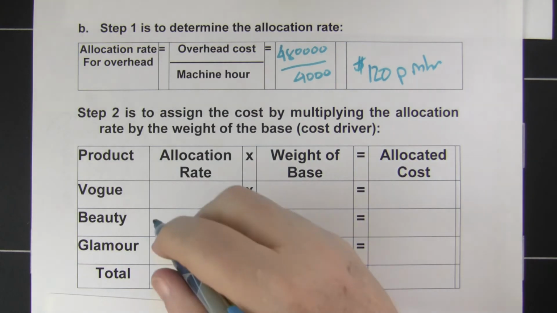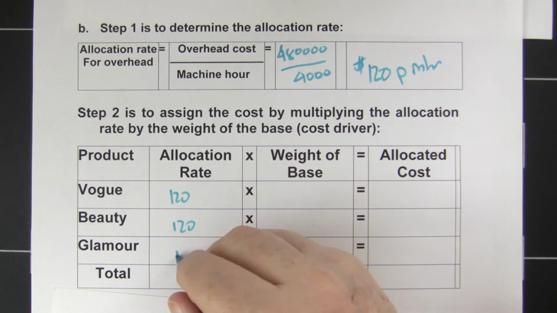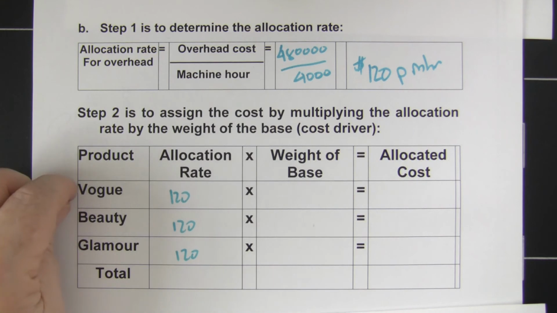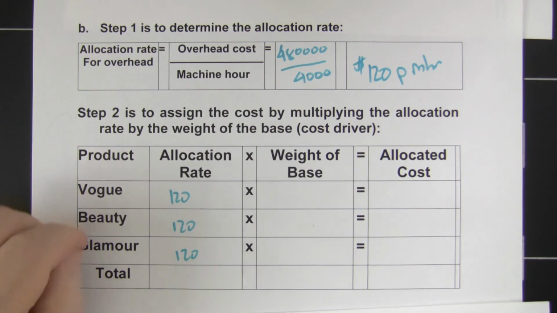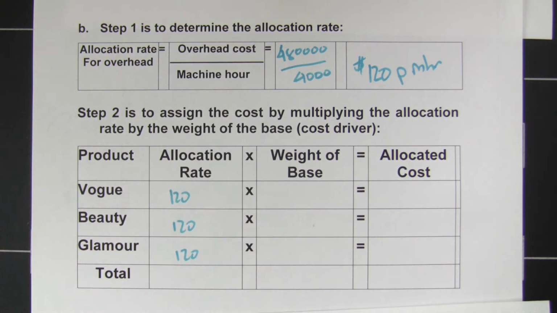So our allocation rate is $120 per machine hour. So what that's saying is that every time a machine is working to make a Vogue or a Beauty or a Glamour, every hour it's using $120 worth of overhead, electricity, insurance, all that stuff.